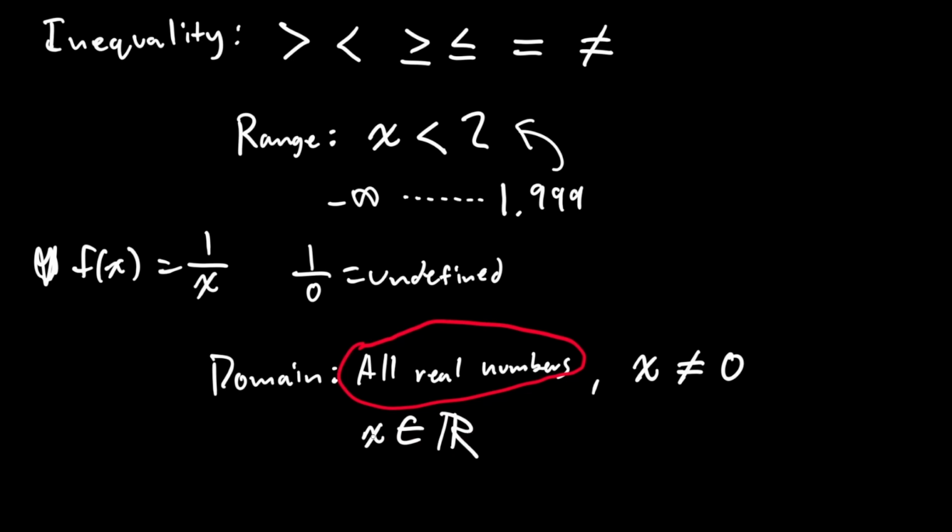This almost E-like symbol means that x is an element of, which basically means that x is part of the set represented by the R symbol. Capital R just means all real numbers. So this is a shorthand way of writing all real numbers instead of having to write out the entire sentence. Let's talk about interval notation.